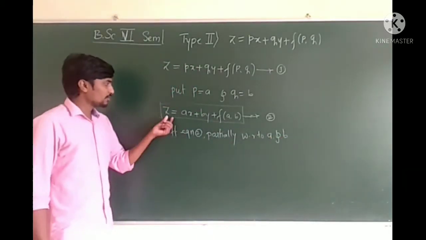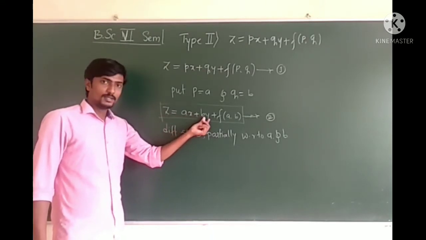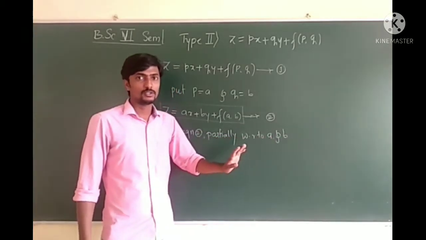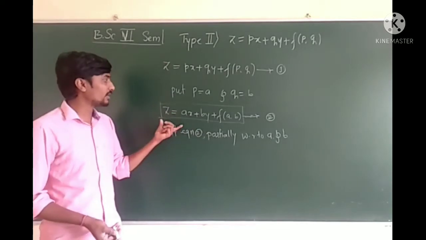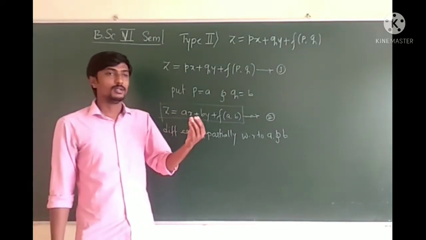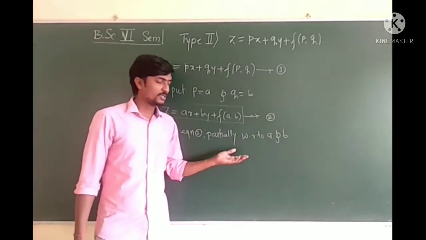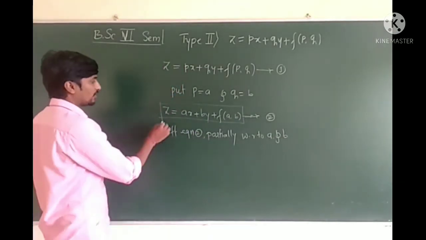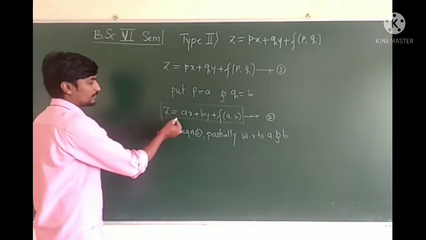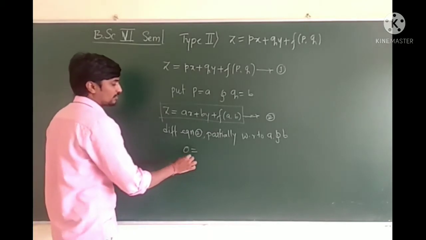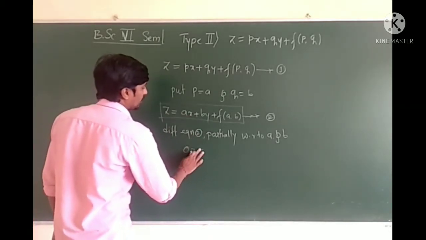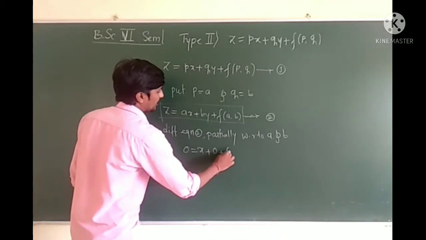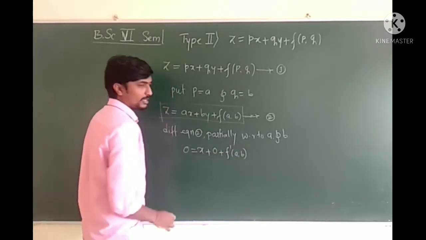Now look here: z, x and y all become constants when we differentiate partially with respect to a and b. Previously we differentiated the given function in terms of x and y, but in this case we are differentiating with respect to a and b. Differentiating z with respect to a gives 0 because it is a constant, so the value is x plus 0 plus f dash of (a, b).